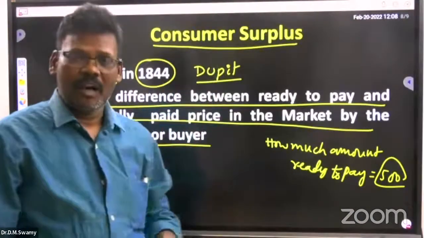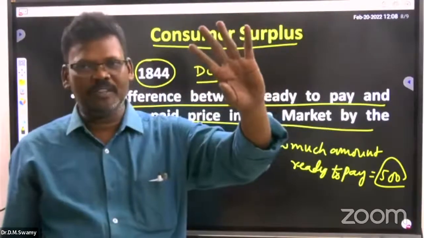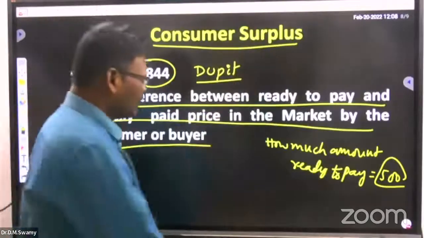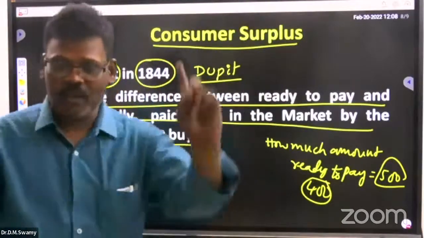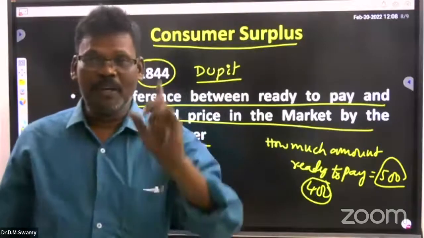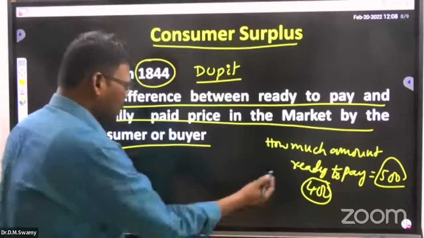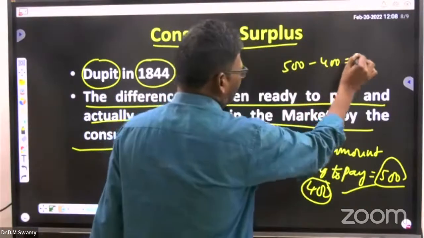But you take the amount, you are ready to pay 500 rupees, and you go to the theater. There, unexpectedly, the ticket is available for only 400. The actual payment was only 400. You are ready to pay 500, but the actual payment was 400. The difference between these two, 500 minus 400, is equal to 100.